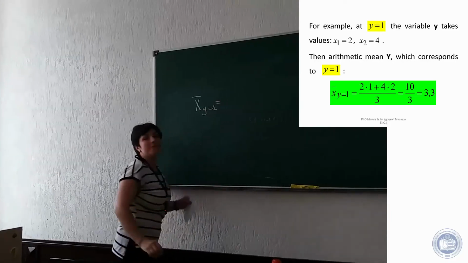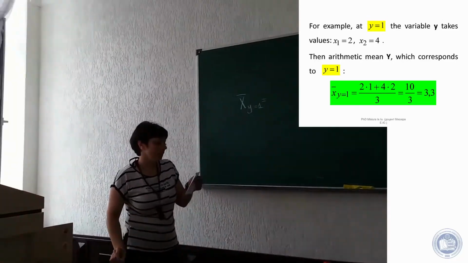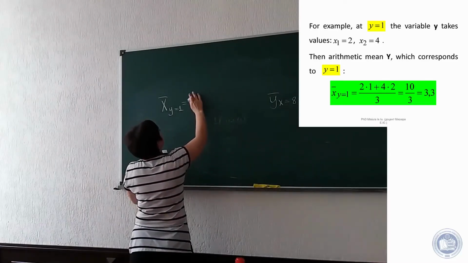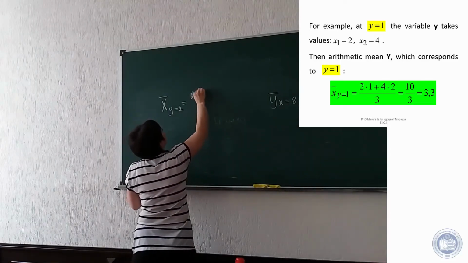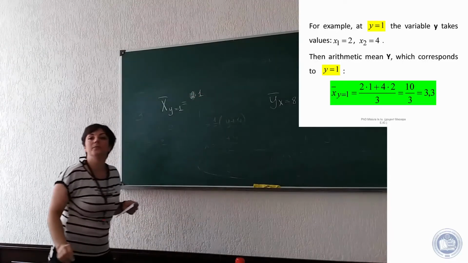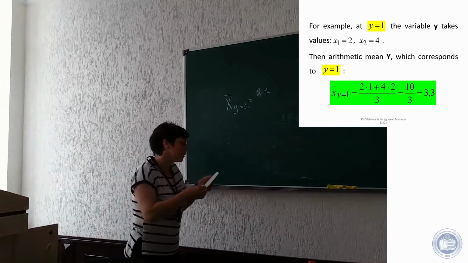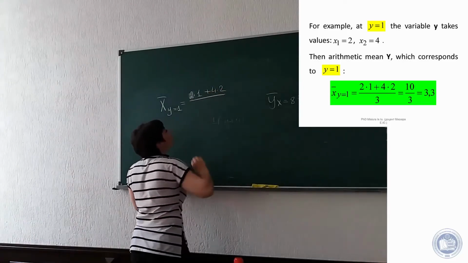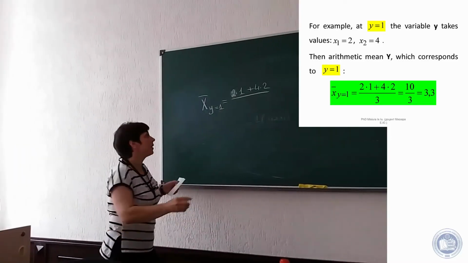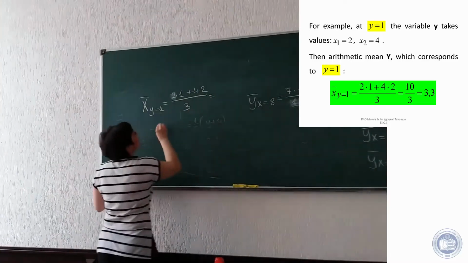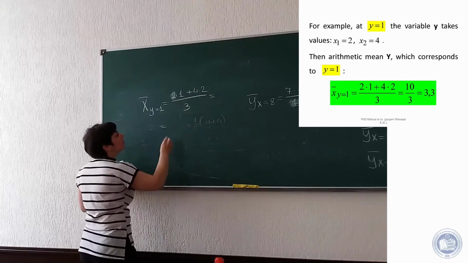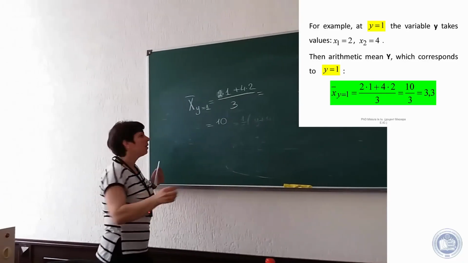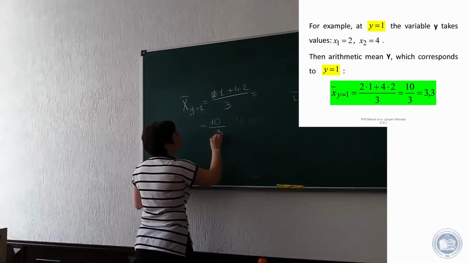How to find the first conditional mean? 1 multiplied by 2 or 2 multiplied by 1? 2 by 1, yes, value multiplied by frequency. Okay, next. Plus 4 by 2, okay, and divided by 3, okay. It means 2 plus 8 equals 10, agree? Okay, divided by 3, what is it?